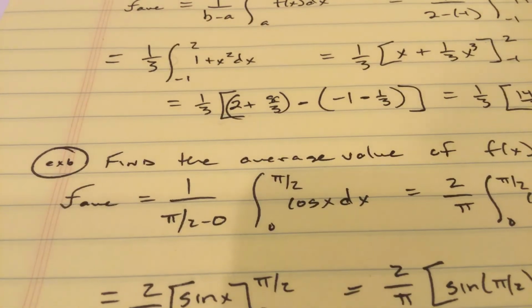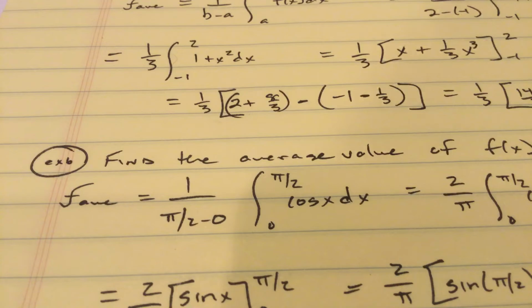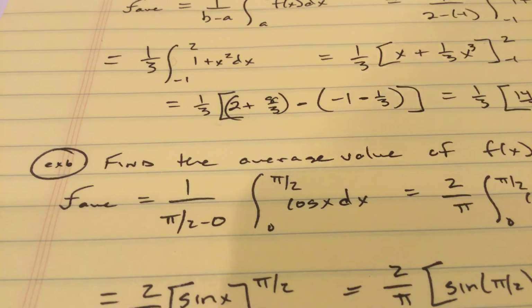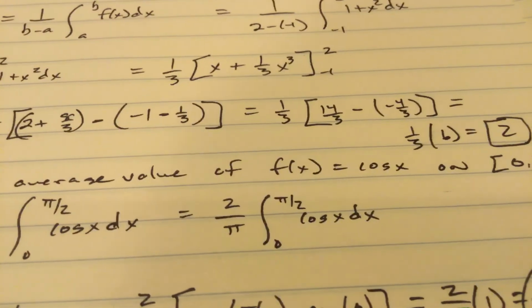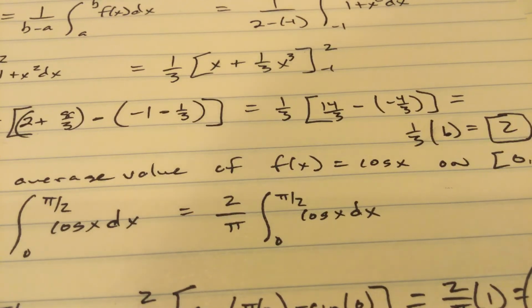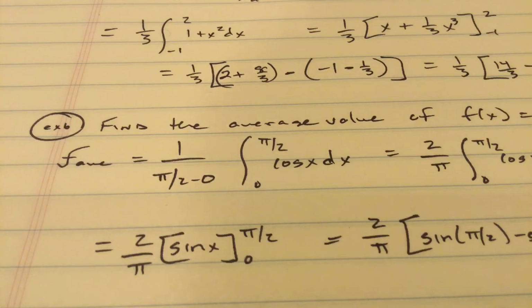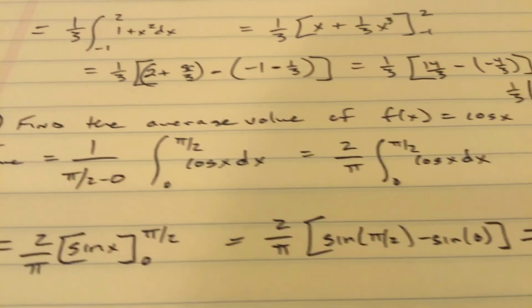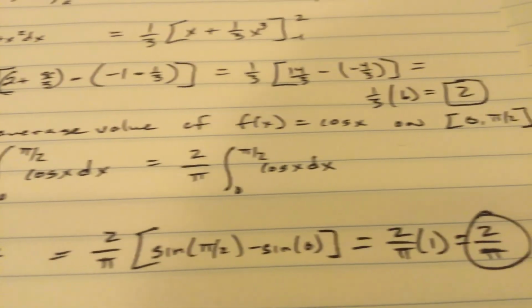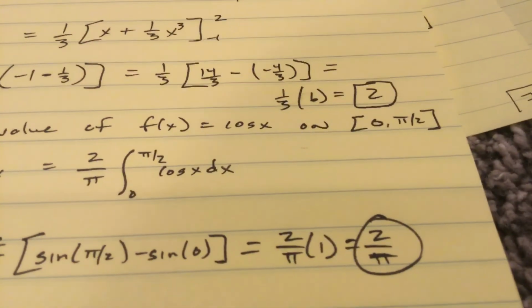I know that looks weird. 1 over pi halves means it's just 2 over pi. What is the antiderivative of cosine? It's sine. Plug pi over 2 in. Plug 0 in. We know that that area is 1. The average value is 2 over pi.